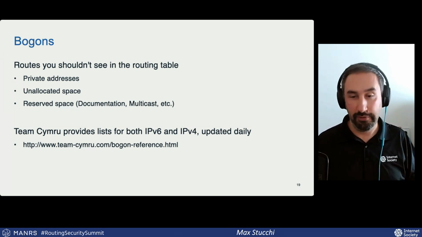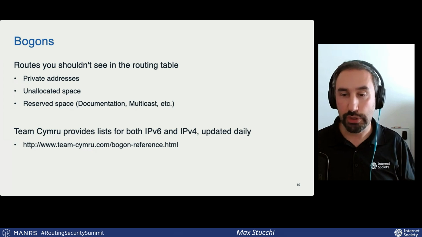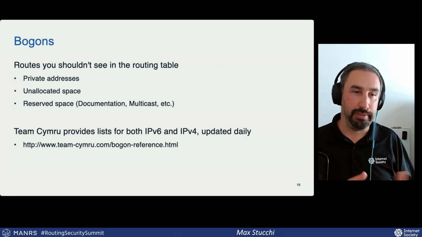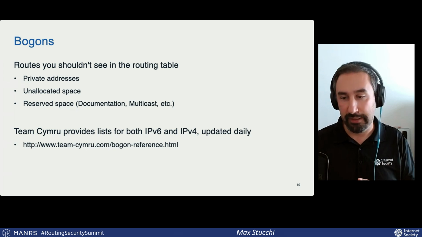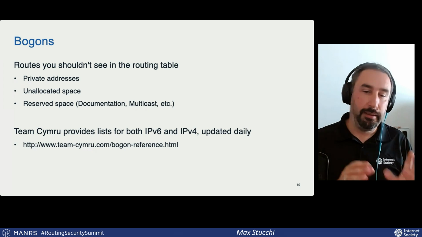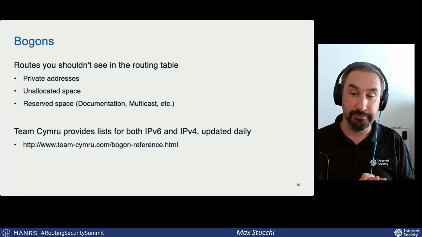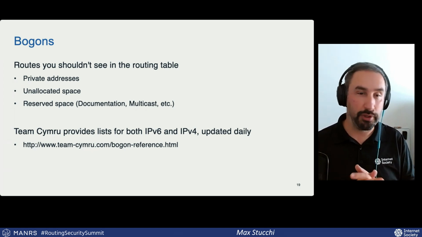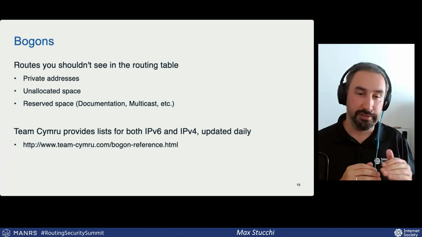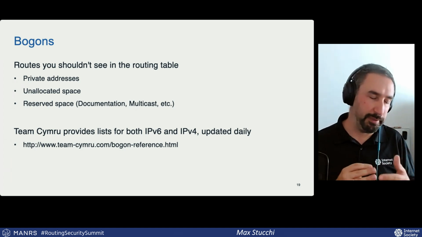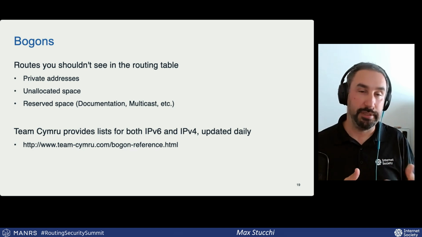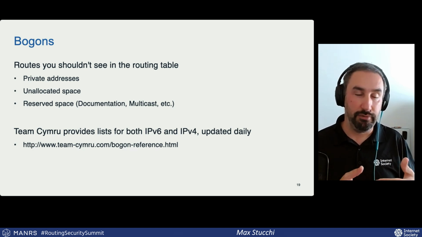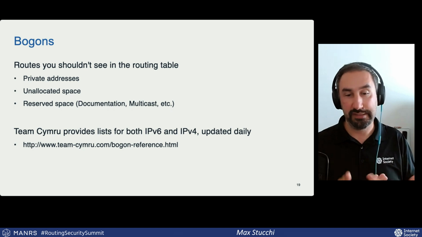Now, for v4, that's a short-ish list, because most of IPv4 has been handed out. So the list is relatively short. But IPv6 is a bit more complicated because IPv6 is being handed out with what's called sparse allocation.